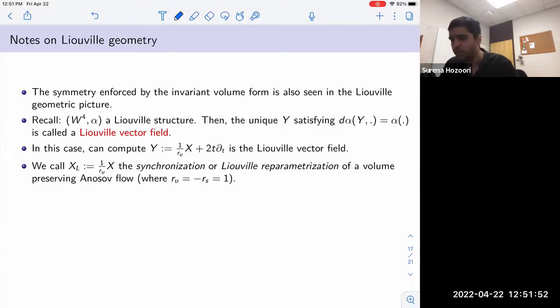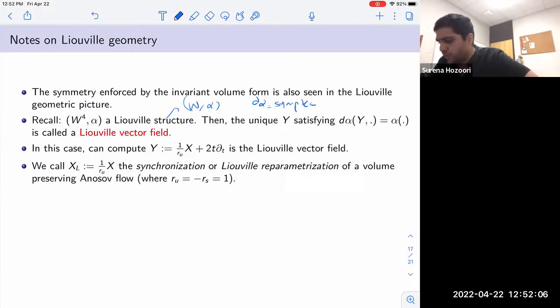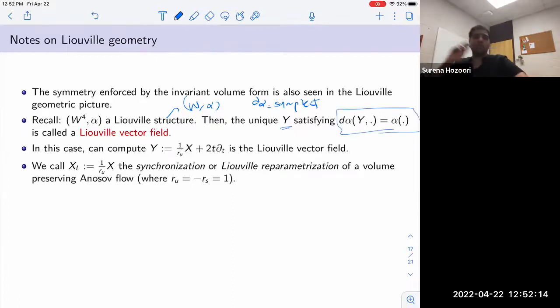So again, recall that a Liouville structure on a 4-manifold is, as I said, when you have alpha such that dalpha is symplectic on W, and then you have a unique vector field Y which satisfies this condition, and we call that a Liouville vector field.